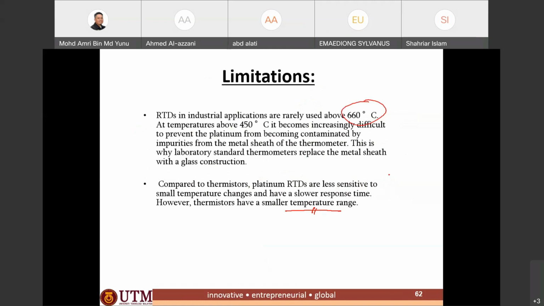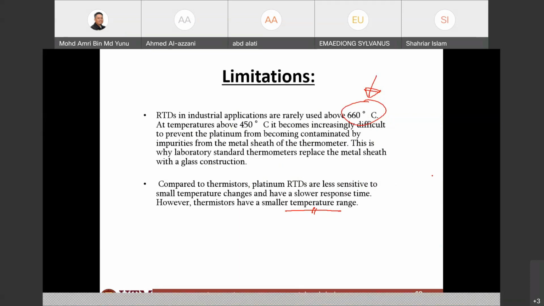At this range, we have to go to something that can sense higher temperatures. We have looked into thermocouples, which can be an alternative.